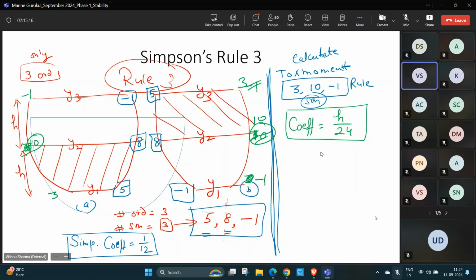That means in the left diagram, I'll get the moment about this axis. In the right diagram, I'll get the moment about this axis.